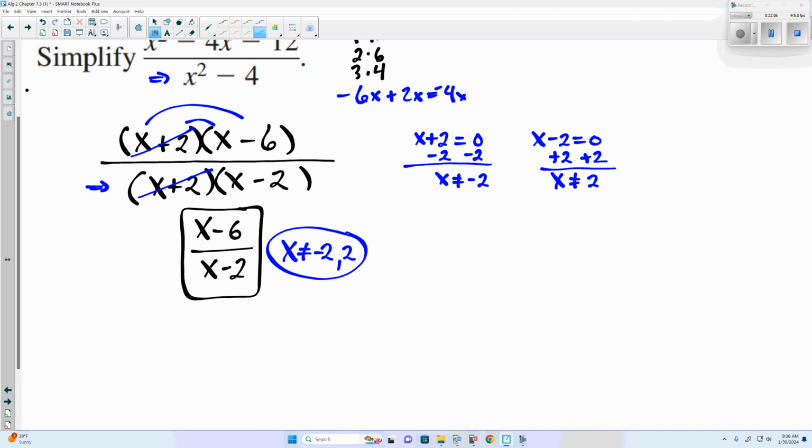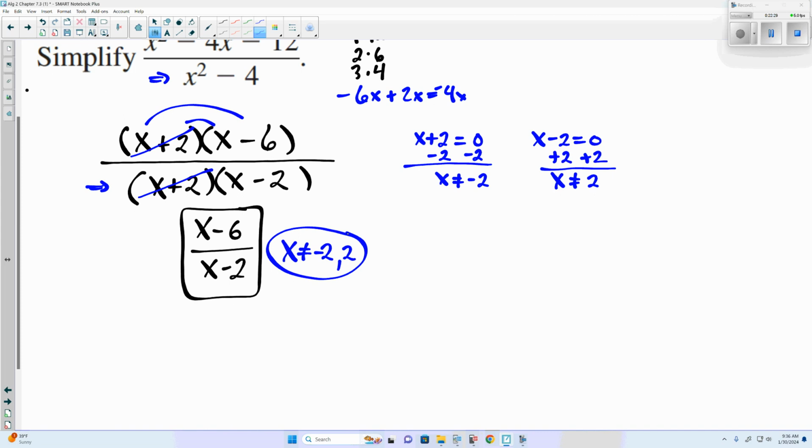Now, some books, I can't attest to all because I have not read every Algebra 2 textbook and do not have the desire to do that. But the ones we have and some that I've seen for a problem like this would not state the positive 2. They would just say x is not equal to negative 2. And part of the reason is, if we look at the answer, x minus 2 is still a part of the expression, yes?